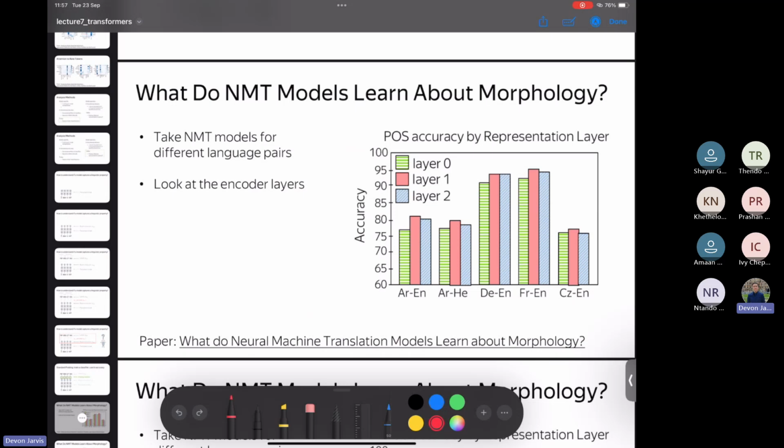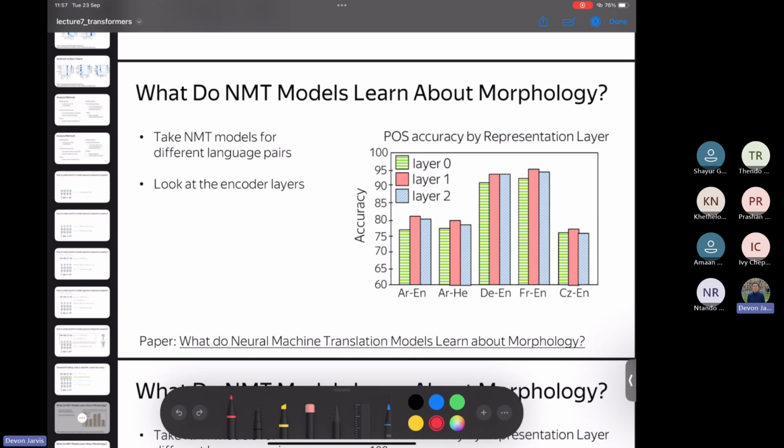In general, across this entire trend, what they found was that layer 1 tends to be better at representing morphology than the later layers. So clearly there is a point in the network where it's using morphology to update its information, but for the actual task itself, it's an intermediary step.